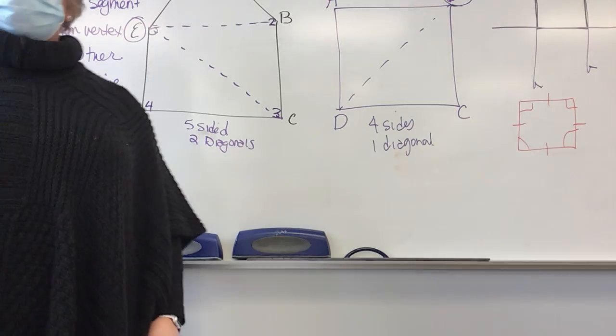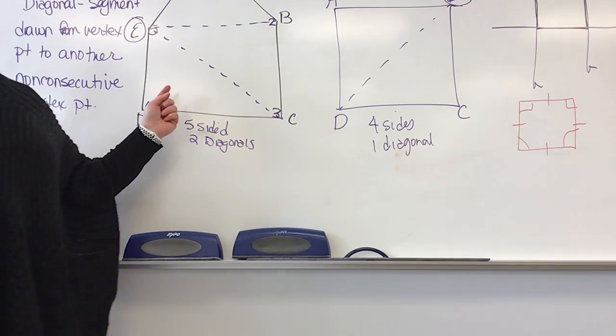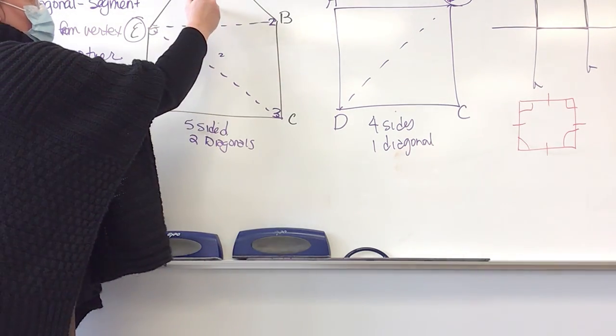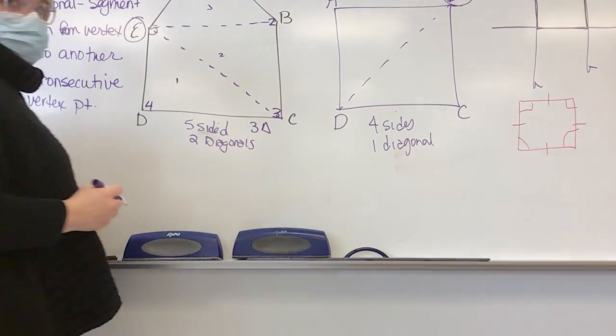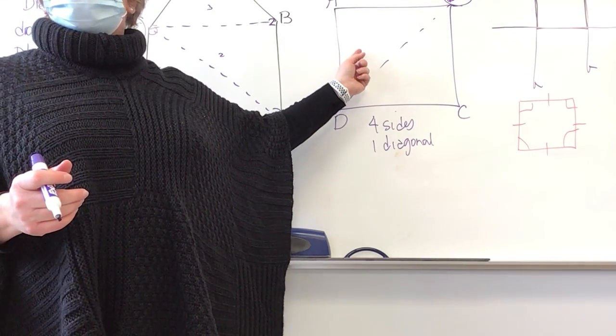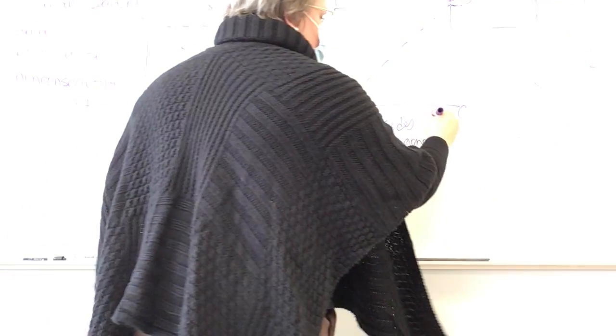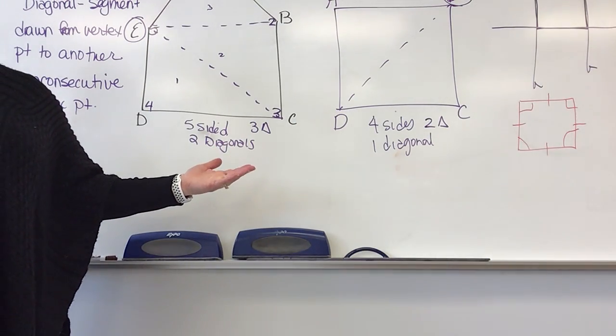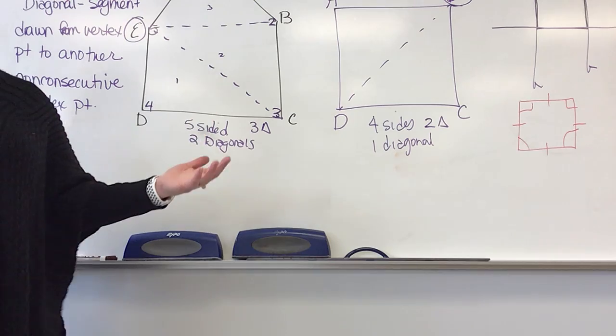Well, first let's count the triangles. So in a 5-sided figure, I end up with 1, 2, 3 triangles. In a 4-sided figure, how many triangles? 2 triangles. So what's the formula, do you think, this time? N minus 2. You got it.